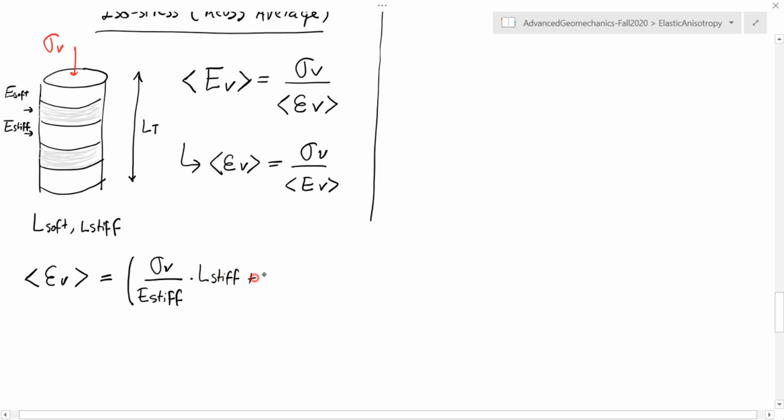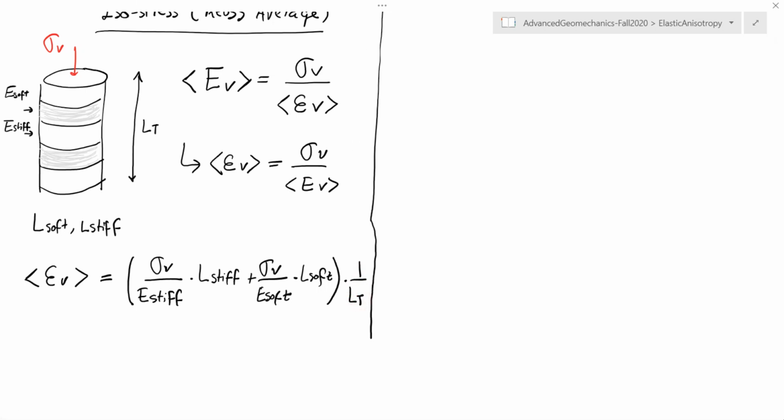And something very similar is going to happen for the soft part, but now it depends on the Young modulus of the soft part and the total length of the soft part. And last, if I want to obtain a strain, I need to divide the shortenings by the total length of the sample.